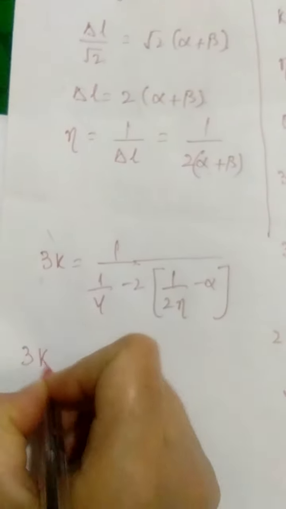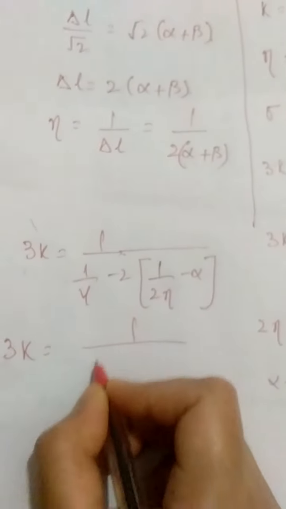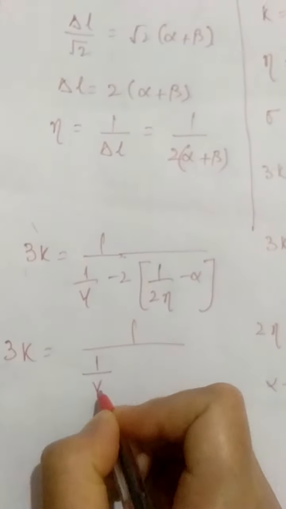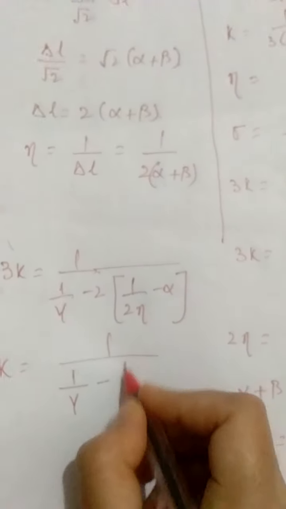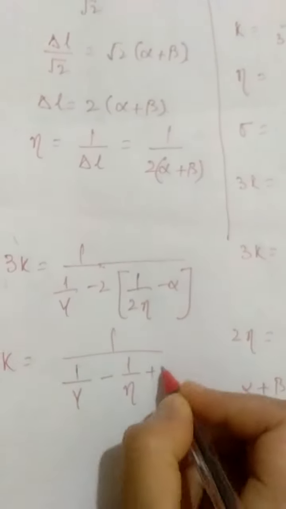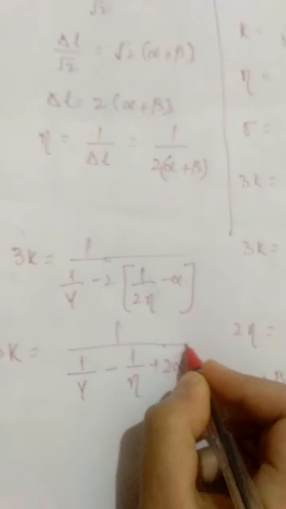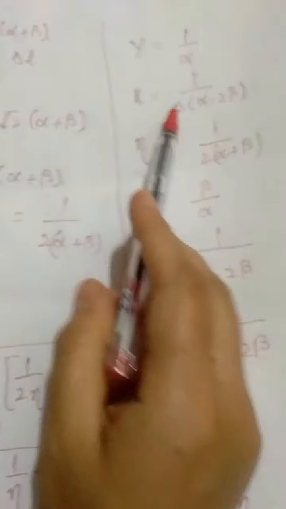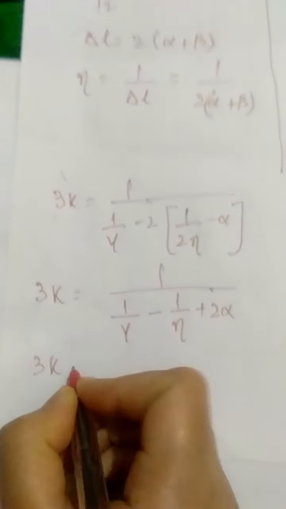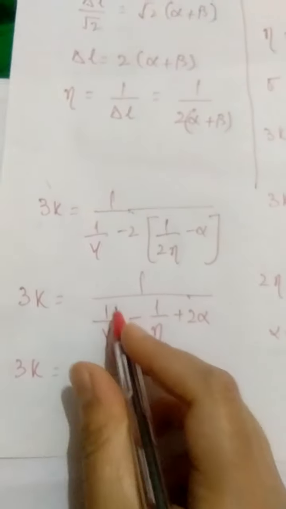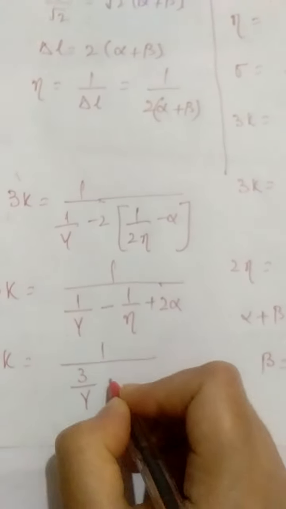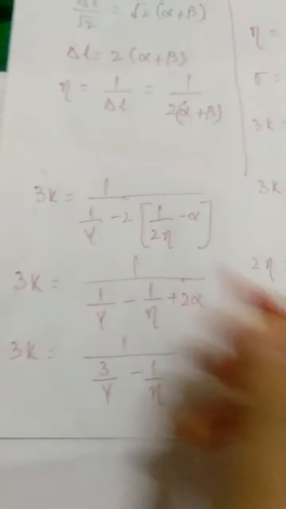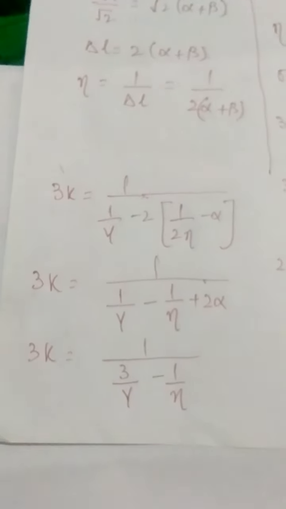So 3k is equal to 1 by alpha, that's 1 by Y, Young's modulus, minus 1 by neta plus 2 alpha. For alpha, I can again write 1 by Y. So 3k is equal to 1 by Y and 2 by Y, that is 3 by Y, minus 1 by neta.